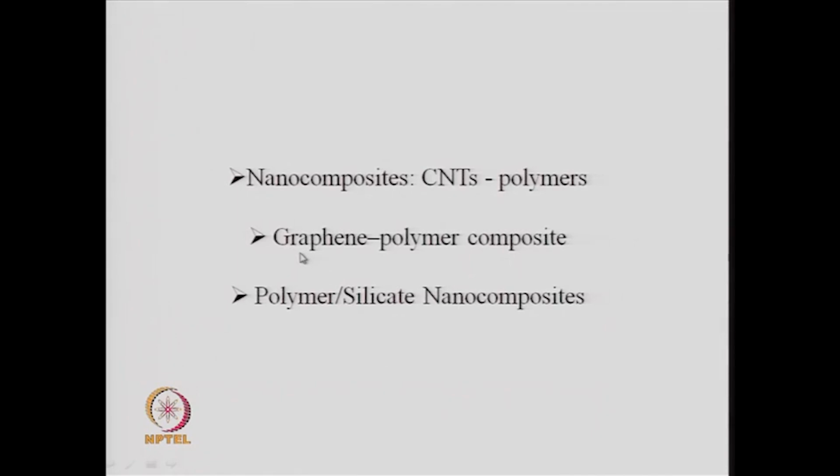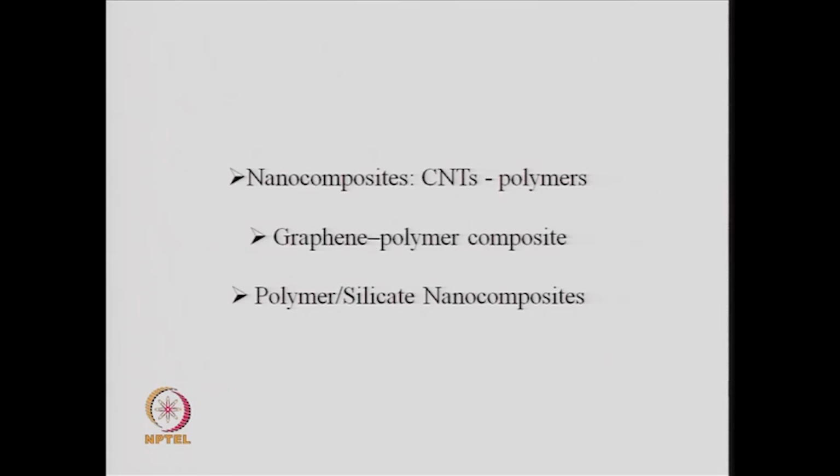Graphene is one layer of graphite. If you take graphite which has got several layers made of carbon, hexagonal rings of carbon, and the layers in between have very weak van der Waals forces.